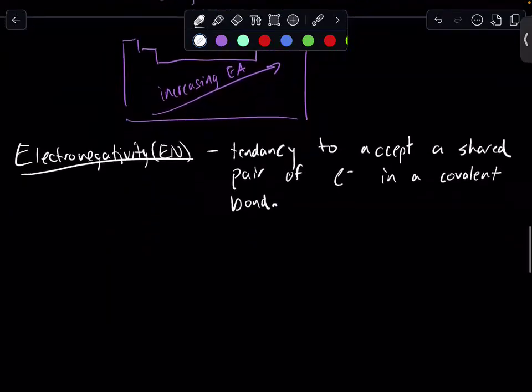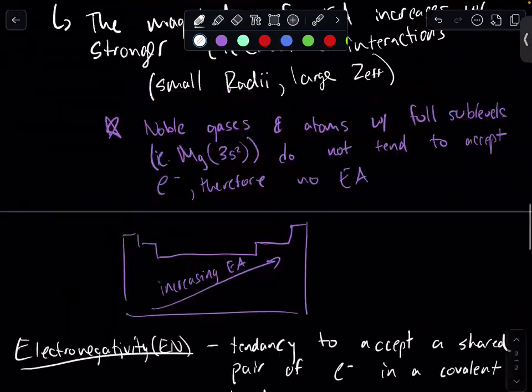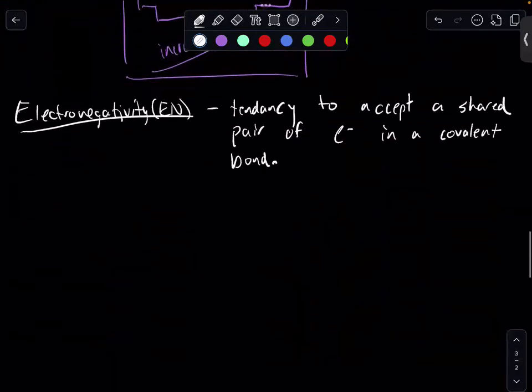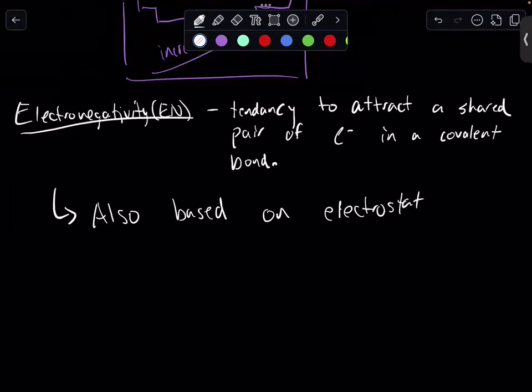So when two atoms are bonded and they're sharing electrons, the one that will pull on that more. And instead of accept, that's not the right word. I should use attract. They're all going to accept electrons in a shared bond, but the tendency to attract those electrons. Now, this is also based on, you guessed it, electrostatic interactions.